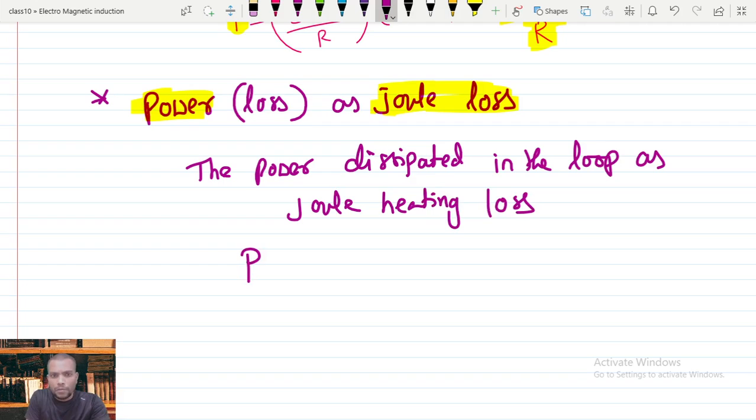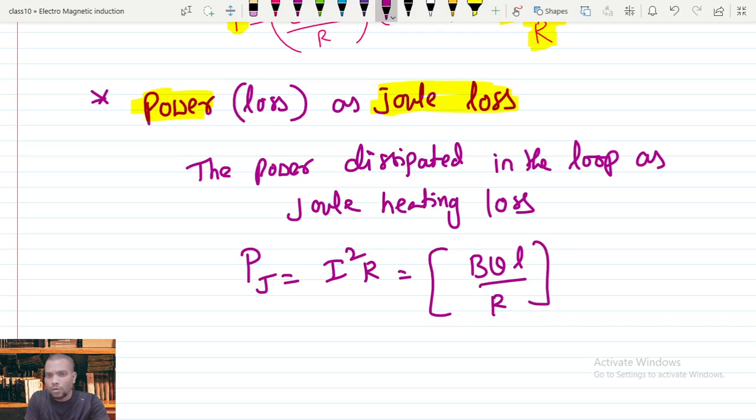So we know that power P equals I squared R. We got the expression, current I equals BVL upon R, whole squared, times R. So the power loss in this case equals B squared L squared V squared upon R.